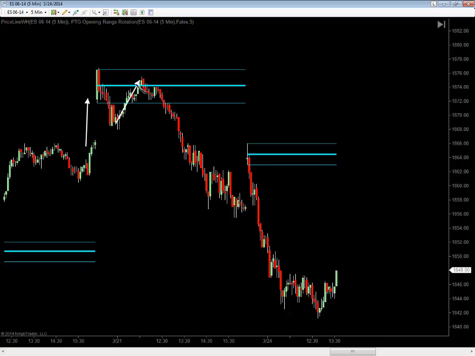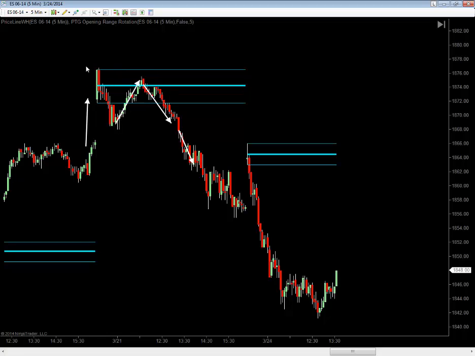As a result, sellers came in and responded to that 5-minute average and sold prices back down, ultimately pushing prices lower beyond the prior close, and then prices accelerated. So although prices gapped up, prices could not get back above and stay above that 5-minute average.